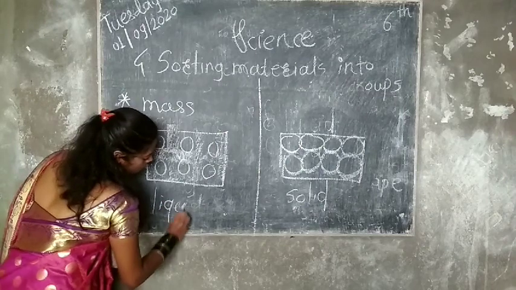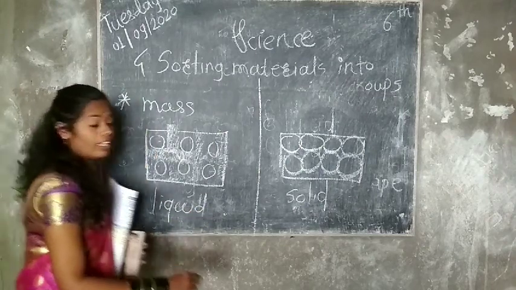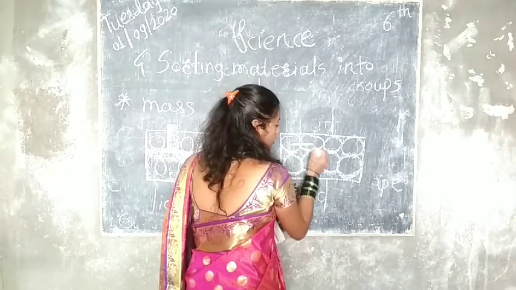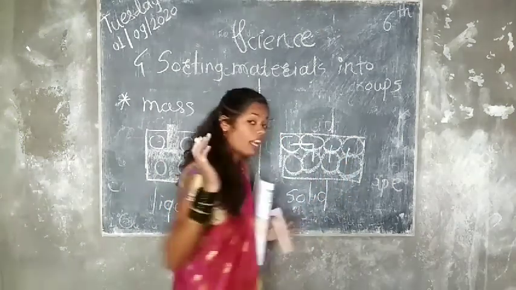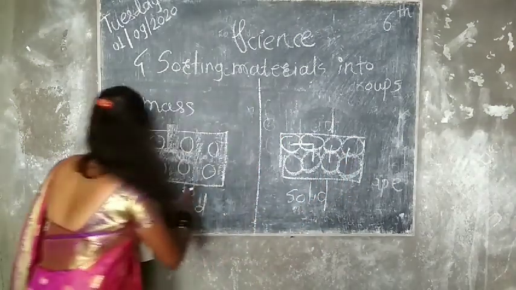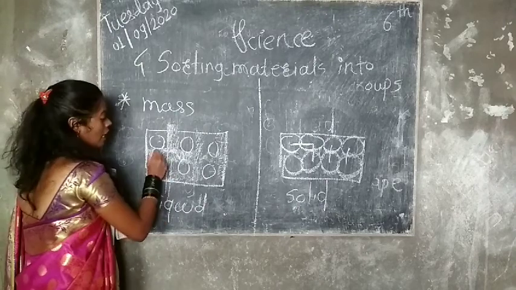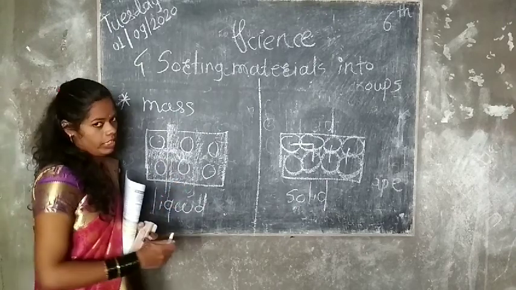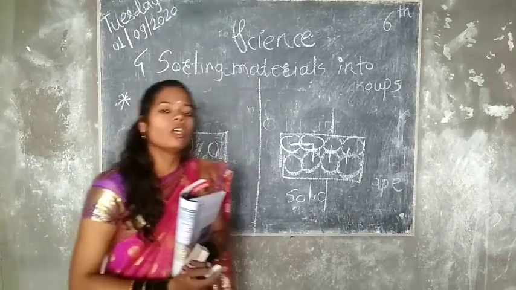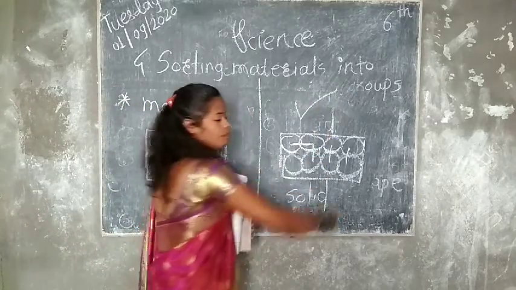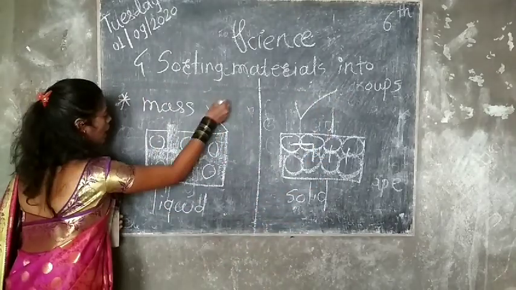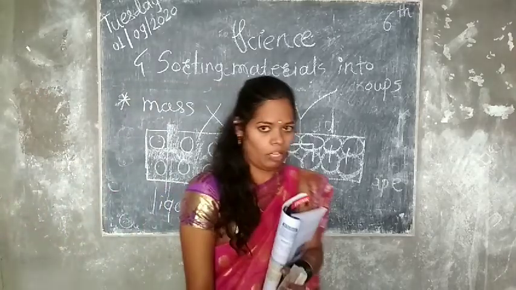See the difference. In solid, there is no gap between the molecules. They are closely packed. But in liquid, there is a small space and they are not so closely packed. That's why solid has a definite shape, liquid doesn't have a definite shape.